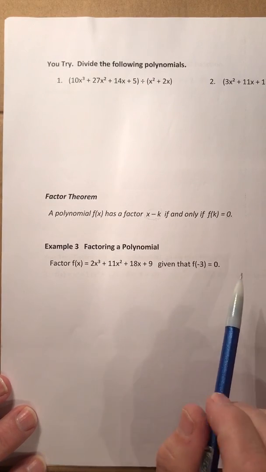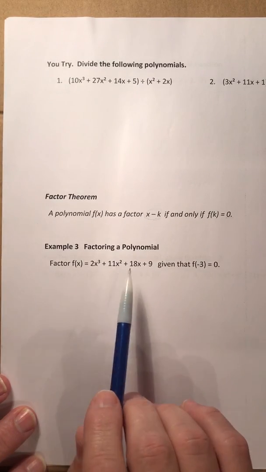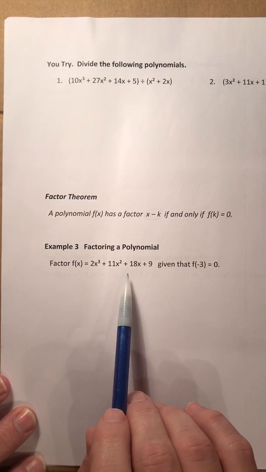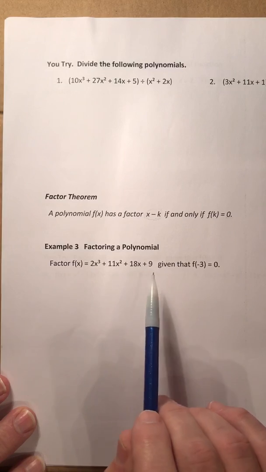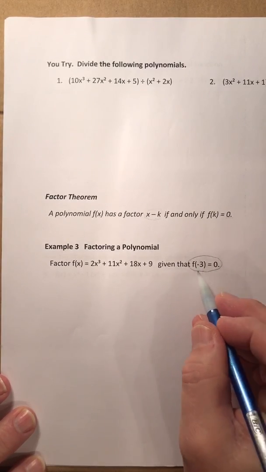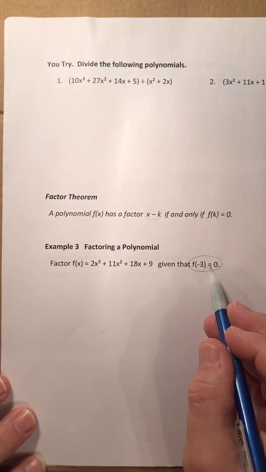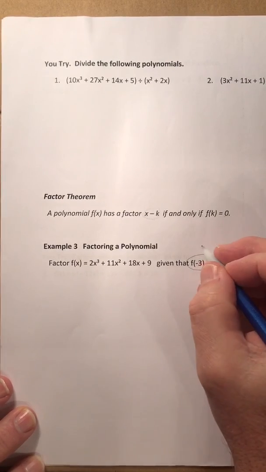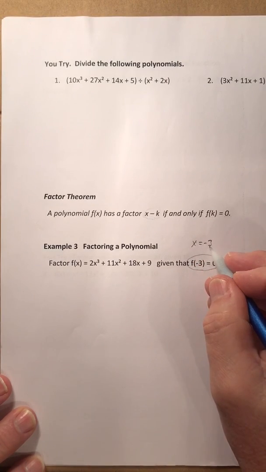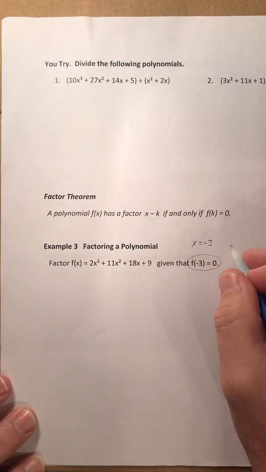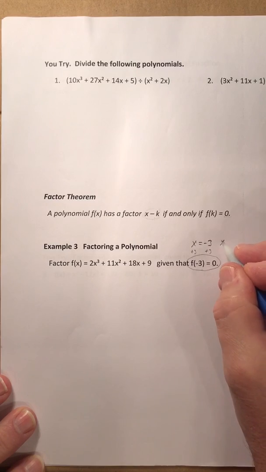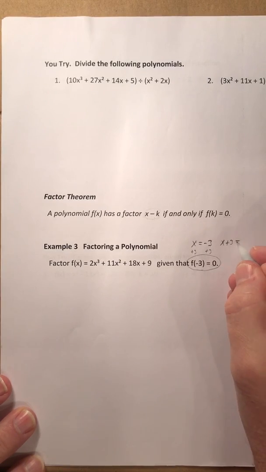What we're going to do is example 3. We're going to factor this: 2x cubed plus 11x squared plus 18x plus 9. We are given that f of negative 3 is 0. That means x equals negative 3 is a solution, or if we add 3 to both sides, x plus 3 equals 0.